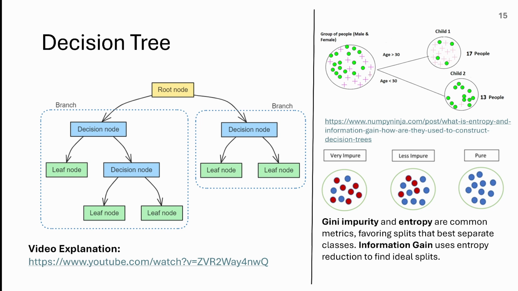Very impure nodes contain mixed classes, while pure nodes contain instances of a single class, ideal for classification accuracy. As in the example at the top here, when we split the data, we try to have as many instances of the same class after the split as possible. This is the way that we reduce the impurity.